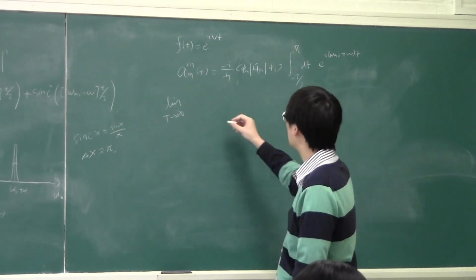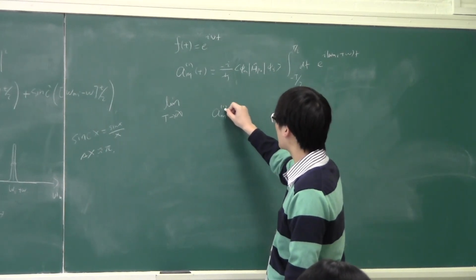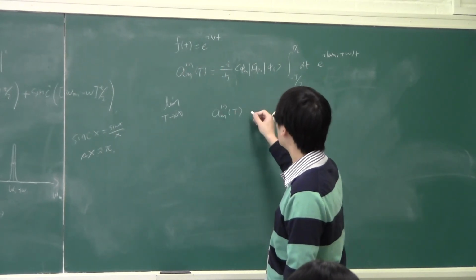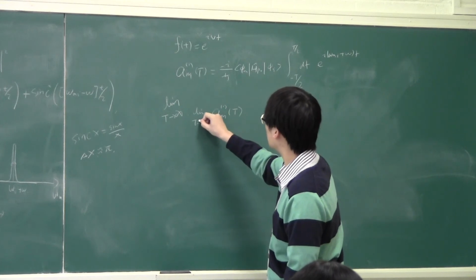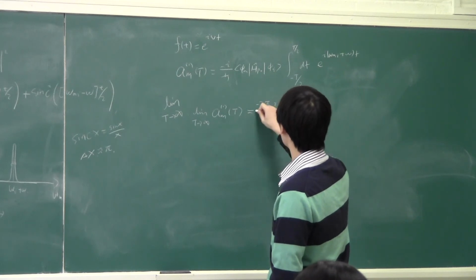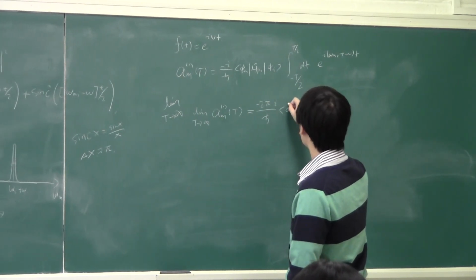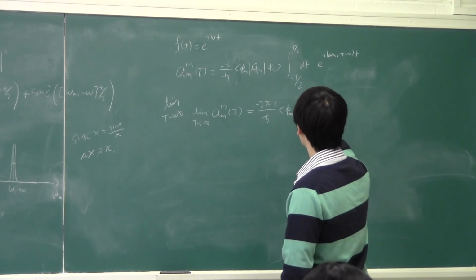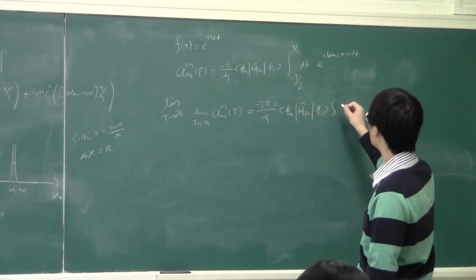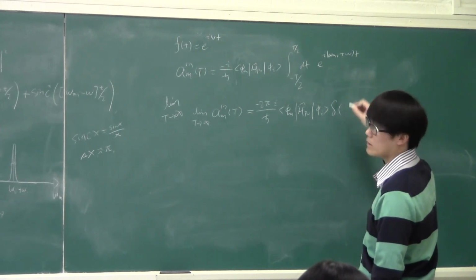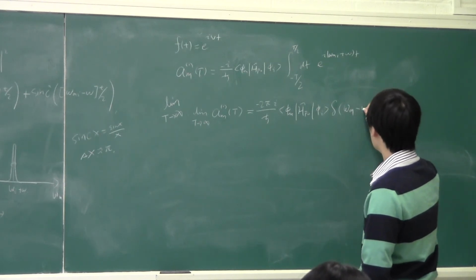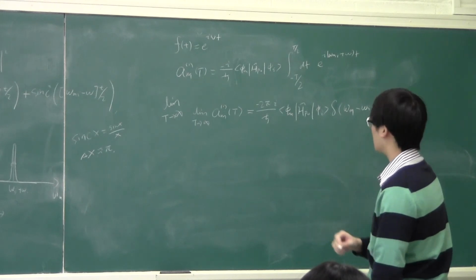In the limit as t goes to infinity, this is minus 2 pi i over h bar, times the matrix element, times the delta function of omega mi plus omega, which translates to omega m minus omega i plus omega.